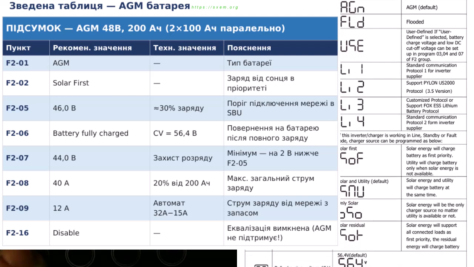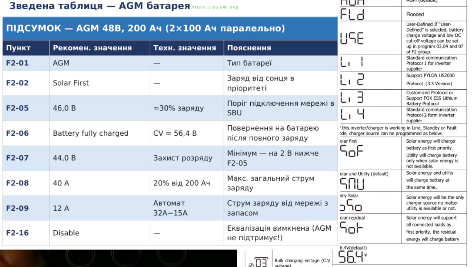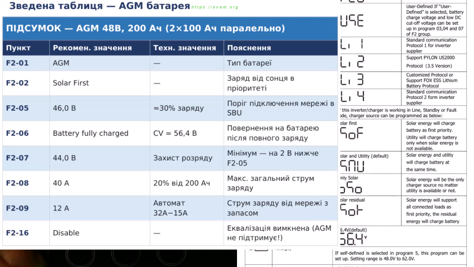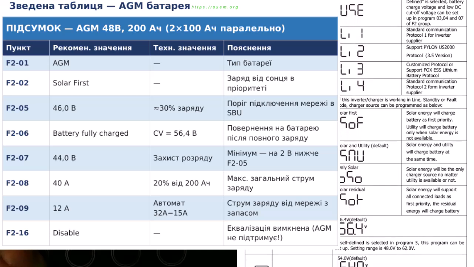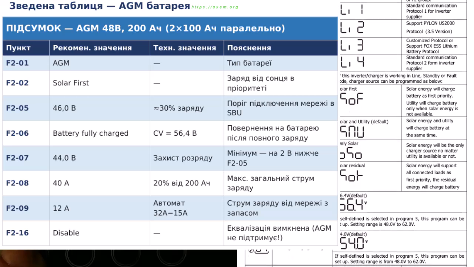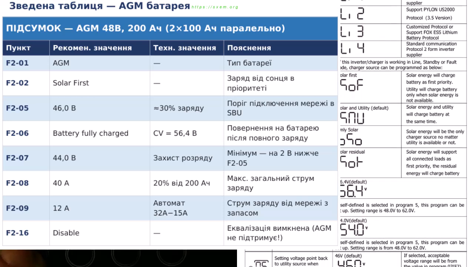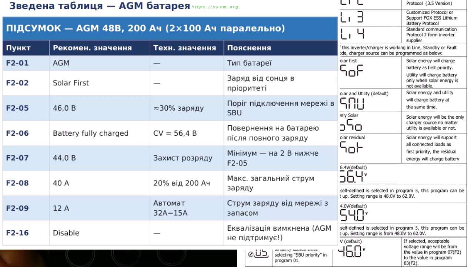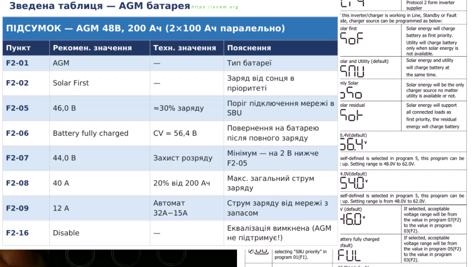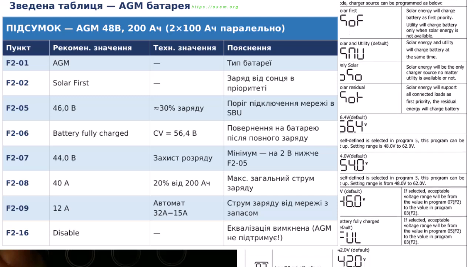F208, maximum total charge current 40 amps, that's 20% of 200 Ah. F209, grid charge current 10 to 15 amps depending on your supply. F205, grid connection threshold in SBU mode is 46 volts. We leave equalization alone, AGM doesn't support it.